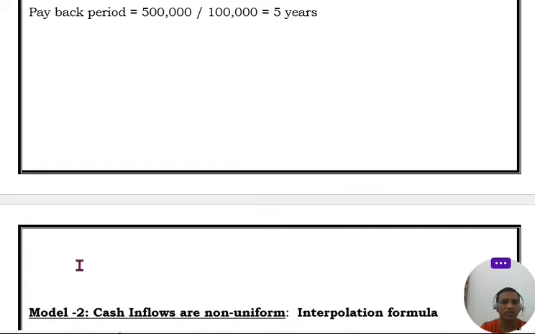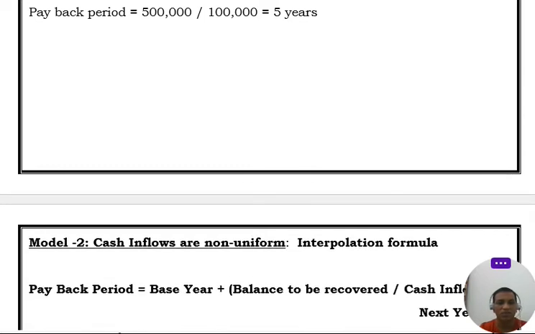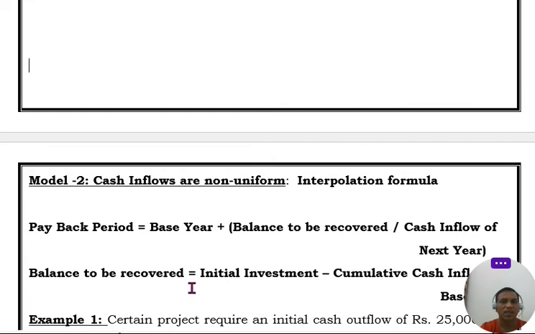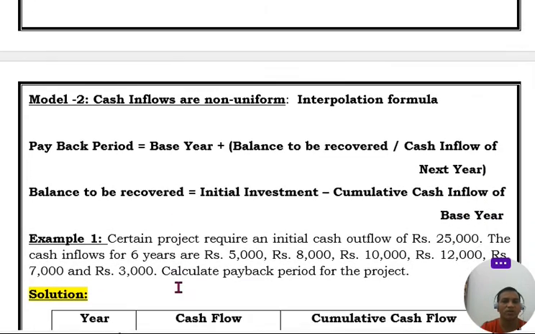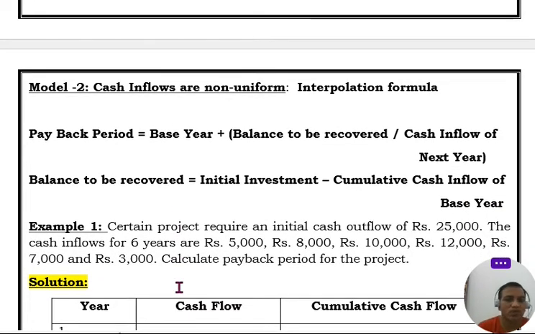And next, coming to the other model, model 2: payback period when cash flows are non-uniform. Non-uniform means every year the cash flow after tax is changing, differing from year to year. In such a case, you have to use the interpolation formula for the calculation of payback period.